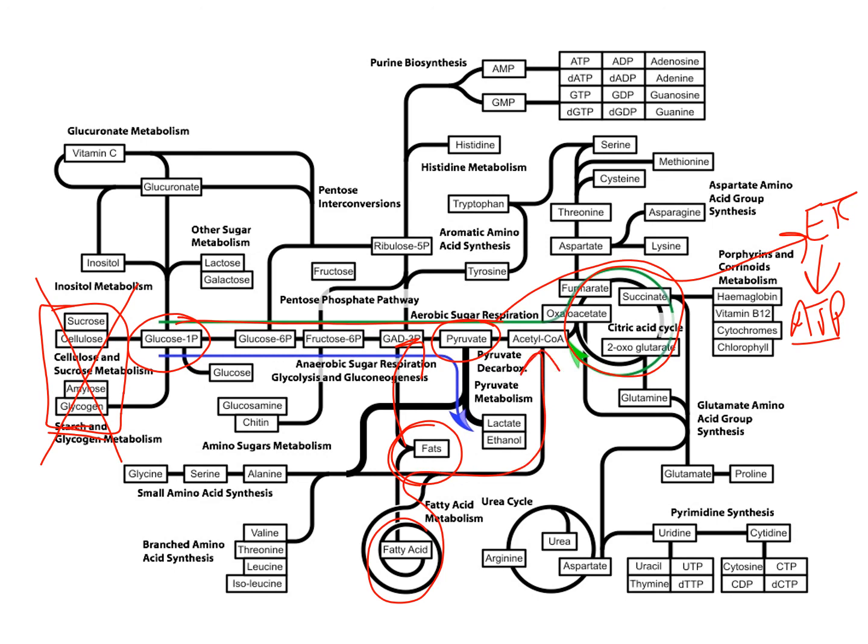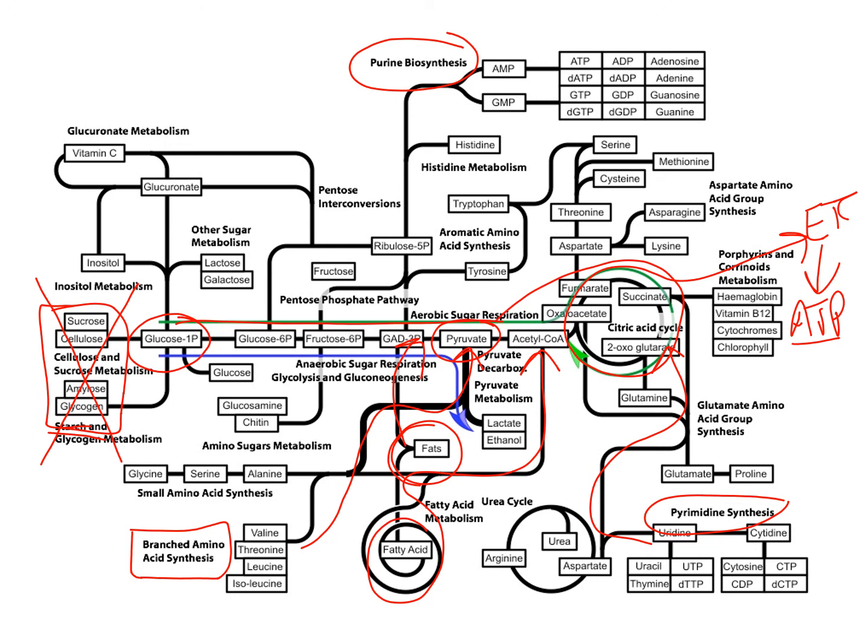If fat is not available, then they can break down proteins. There are all sorts of areas here with the different amino acids, how those can enter the pathway to be broken down. And even if there aren't any proteins available, some of the nucleotides, the purines and the pyrimidines, can also be broken down.